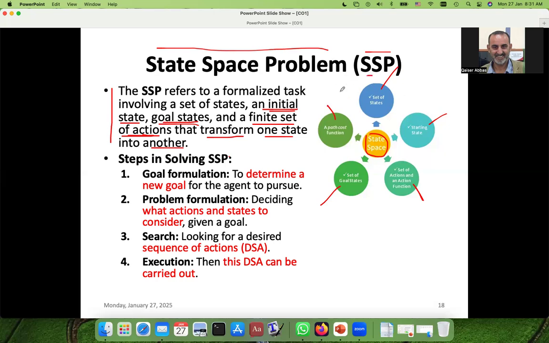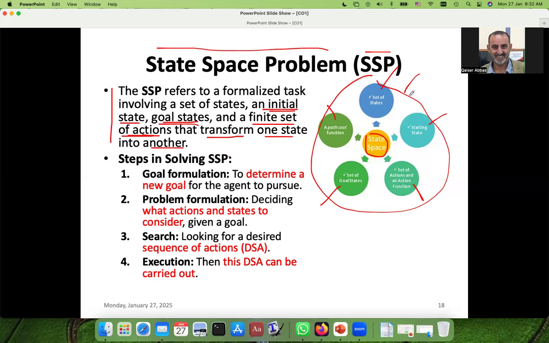So these are the things. If some problem has these things, then that problem will be called a state space problem. For any problem that you will face in future, you can identify these five things.